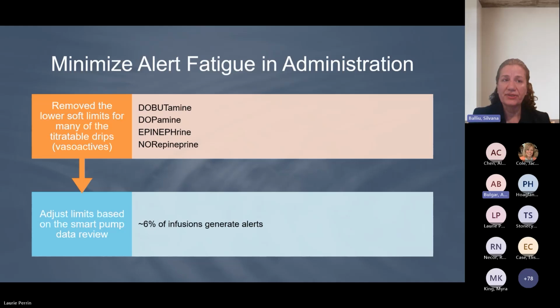This effort, along with consistent smart pump data review and with the overall goal to lower the unnecessary alerts, improve the interactions with pumps, and decrease alert fatigue, brought our overall percentage of alerts right now to 6% of the infusions. It used to be 20% when we initially started using the smart pumps. Next slide, please.